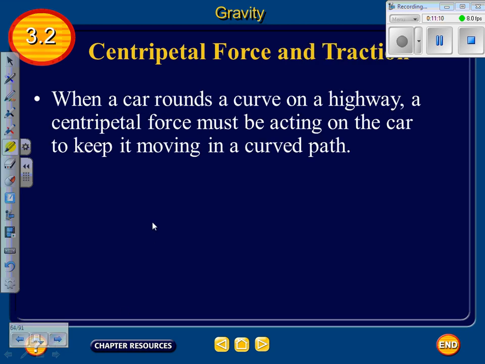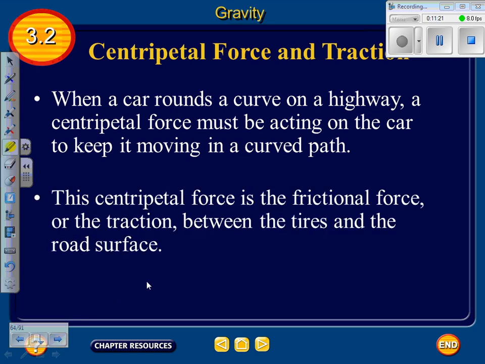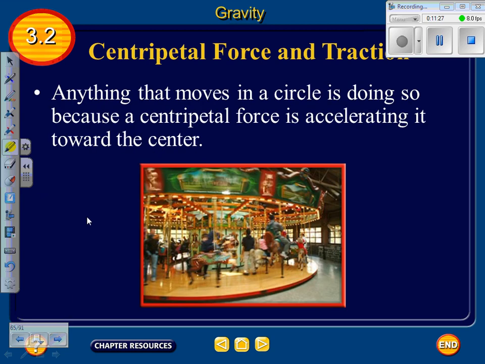When a car rounds a curve on a highway, a centripetal force must be acting on the car to keep it moving in a curved path. The centripetal force is the frictional force or the traction between the tires and the road surface. Anything that moves in a circle is doing so because a centripetal force is accelerating it toward the center.